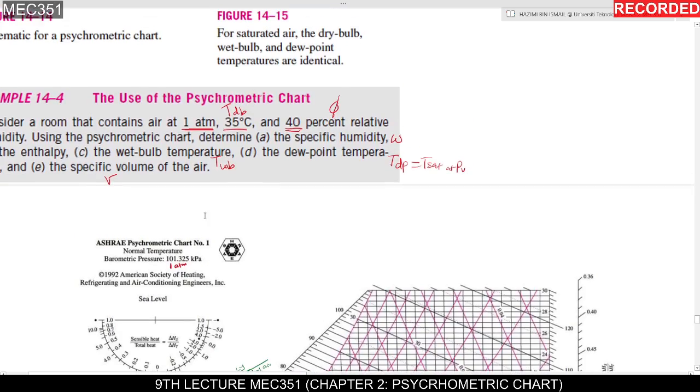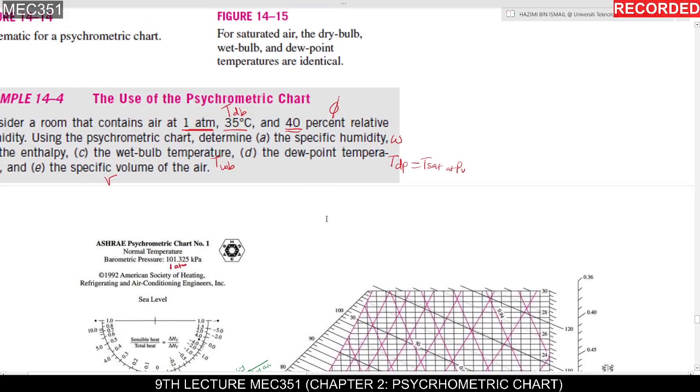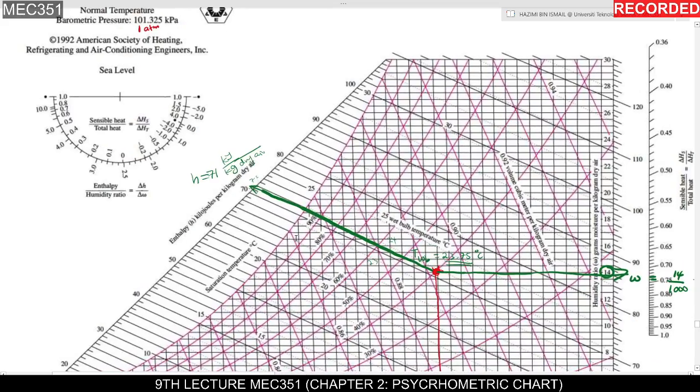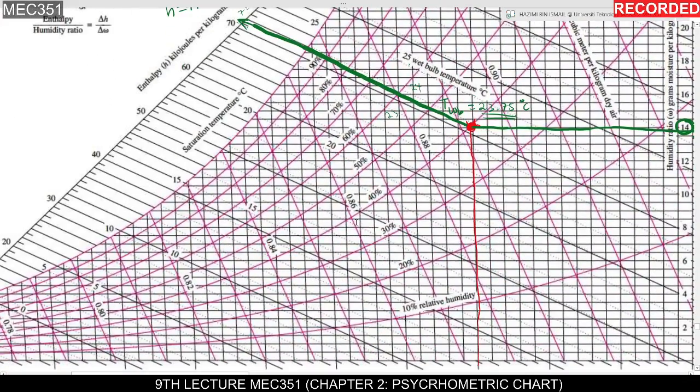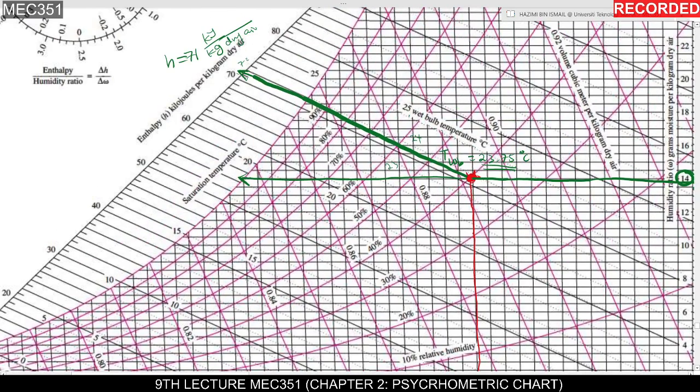And D, we have to find the dew point temperature. Dew point temperature is where you make the line horizontally to this line. So now 50, 60, 70, 80, 90, 20, no?